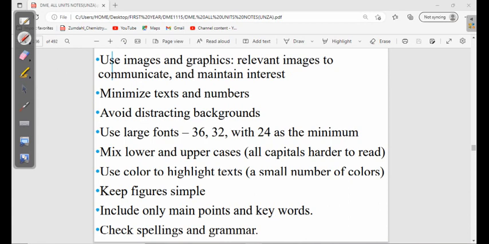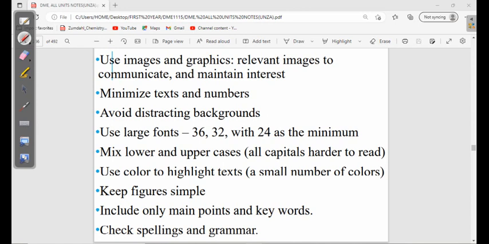Also minimize text, and don't use a lot of numbers. Don't use too many pictures or too many graphics. Make sure that they are just right. When you are using text, don't make it as if it's a textbook. There should be very little text and few numbers.